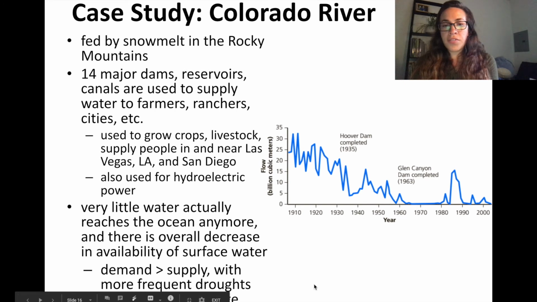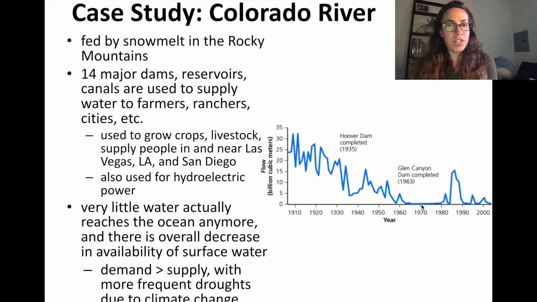And we can see that the flow has dramatically decreased, especially associated with the creation of both the Hoover Dam in 1935 and the Glen Canyon Dam in 1963. And these periods of increase and decrease can also be attributed to climate change as well. We can see that there's an overall lowering of the flow.